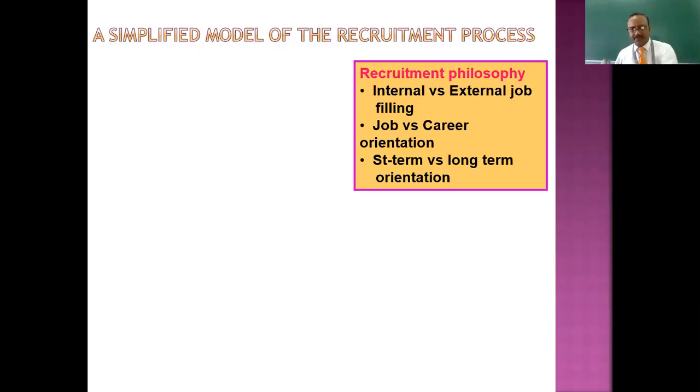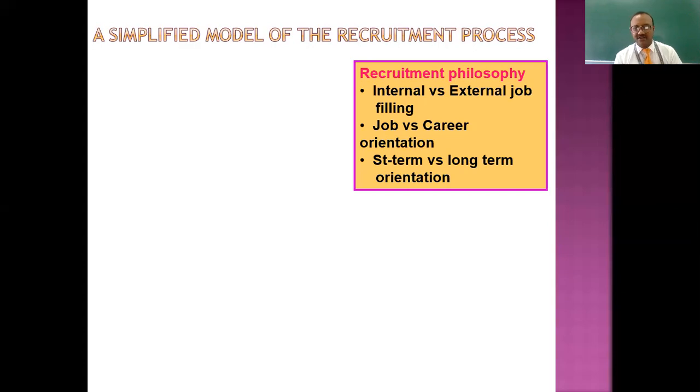Okay, what is the recruitment philosophy? As recruiters, before we get into the whole activity of hiring, we must be able to answer three important aspects. We've got to know this and keep this in our mind. First of all, whether it's internal versus external filling. Internal and external is certain jobs are reserved only for employees who are right now working in the organization.